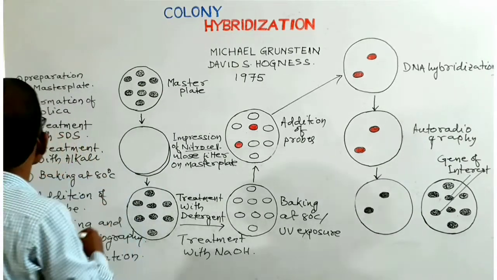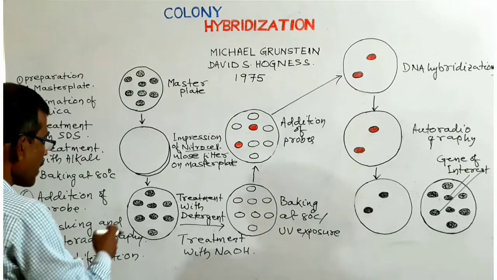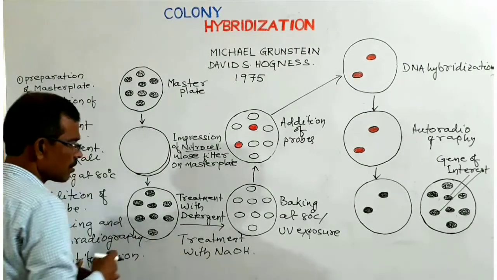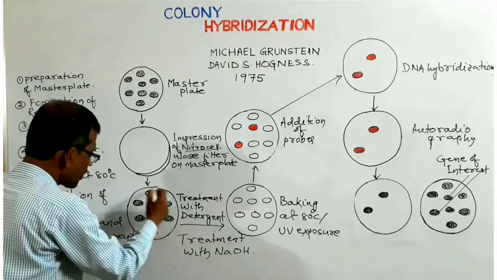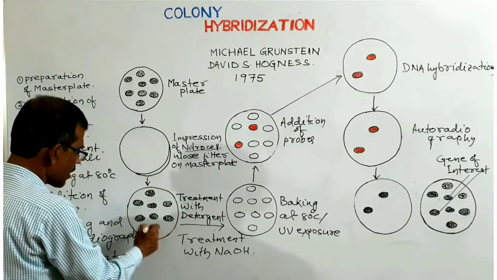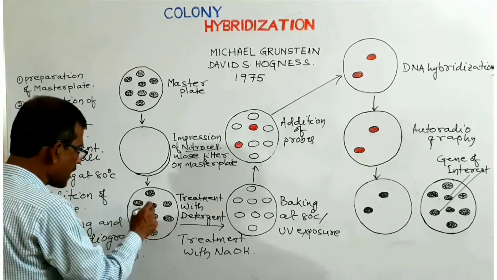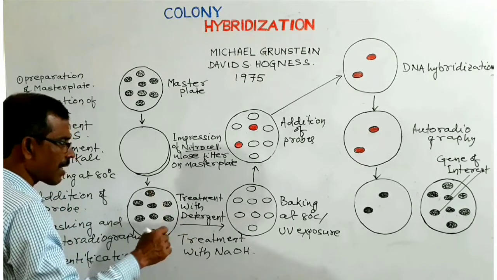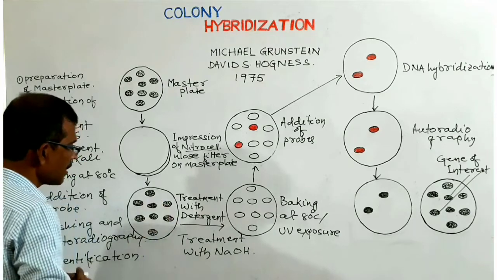After preparation of the replica, the next step is treatment with detergent and treatment with sodium hydroxide. So this is the nitrocellulose membrane having several bacterial colonies. We want to identify the bacterial colonies that contain the specific gene or the recombinant DNA.